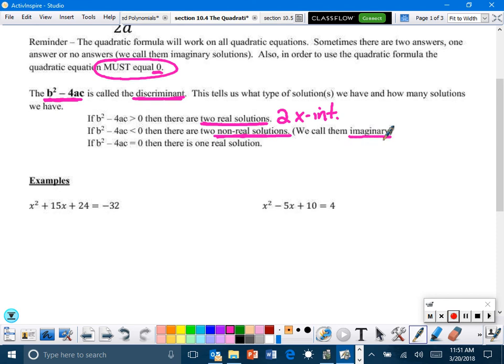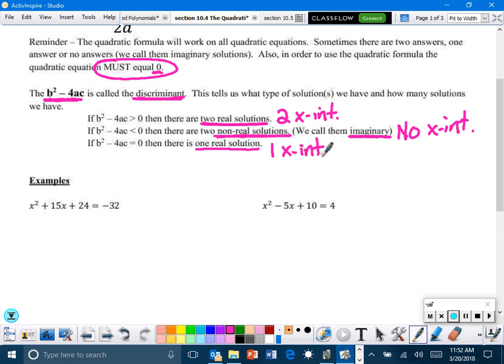Those are called imaginary. That means there are no x-intercepts. It does not cross the x-axis. And if b squared minus 4ac equals 0, there is 1 real solution. That means there's 1 x-intercept.